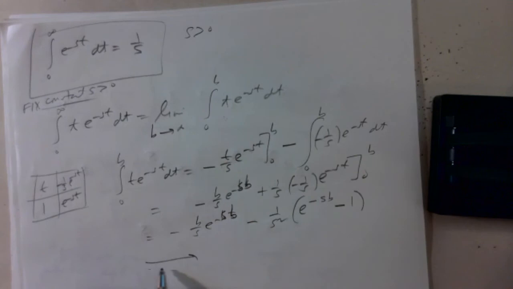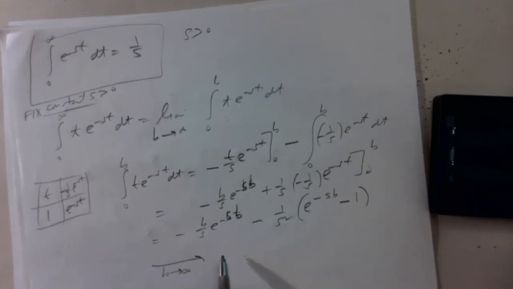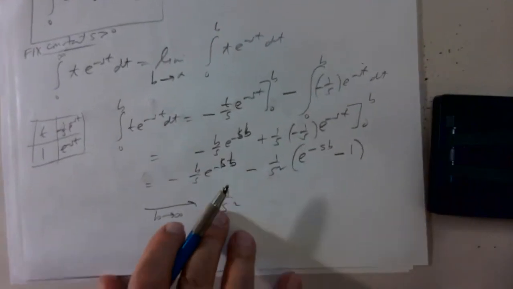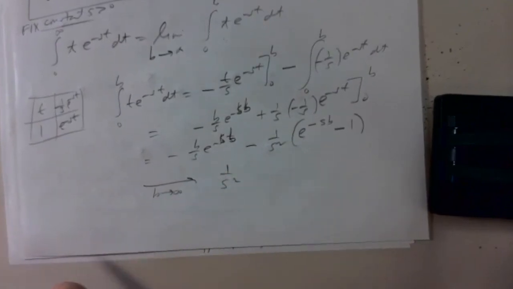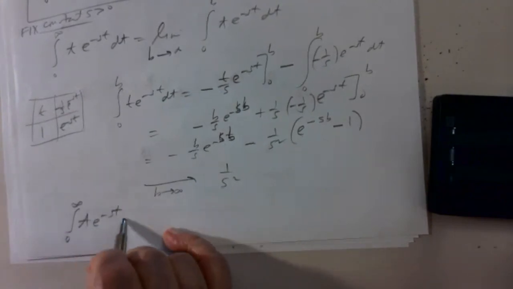And what happens to this as b goes to infinity? Well, b over e to the sb goes to 0. This goes to 0. This goes to 1 over s squared. So if I did my calculus correctly, this says that the integral from 0 to infinity of t e to the minus st dt is 1 over s squared.